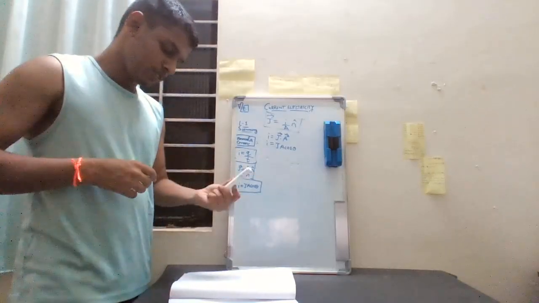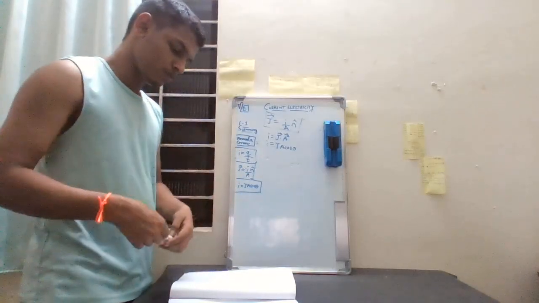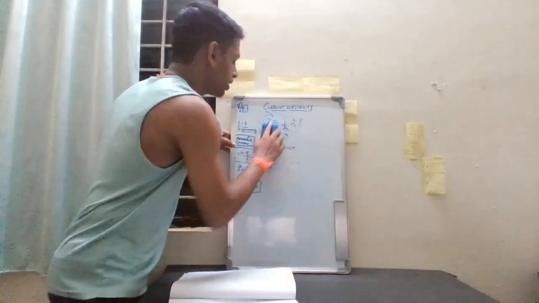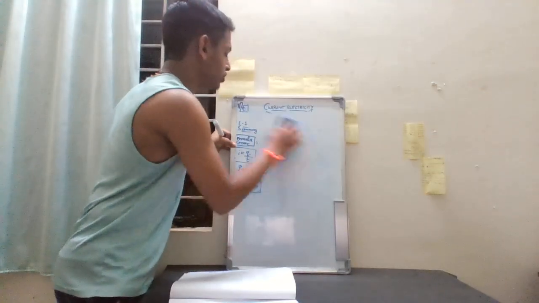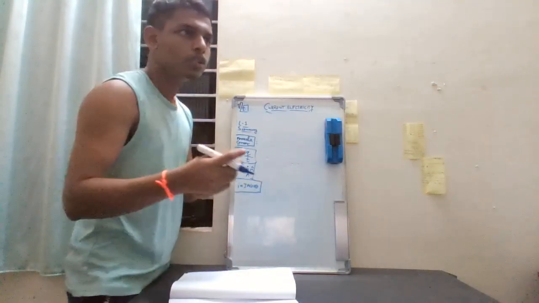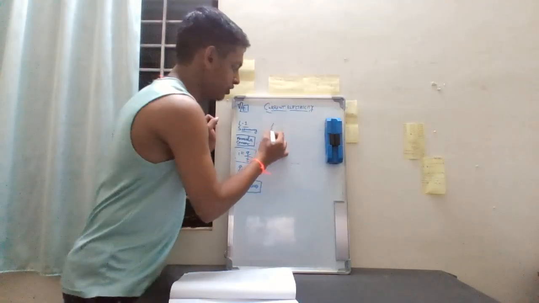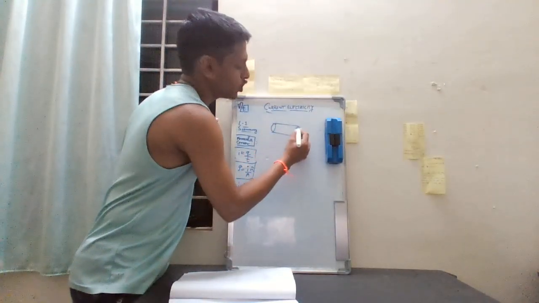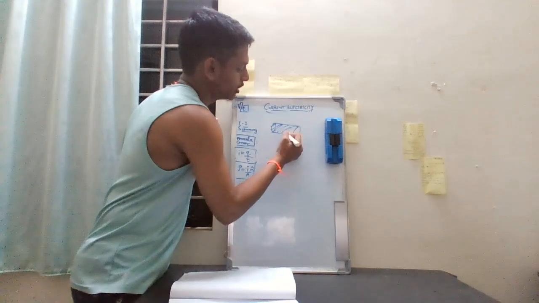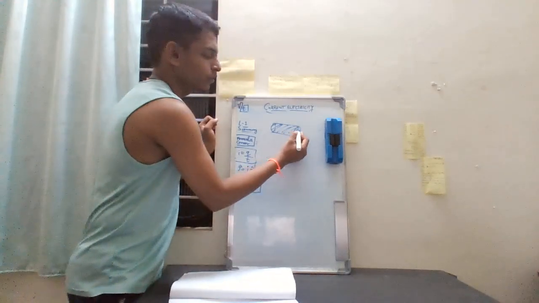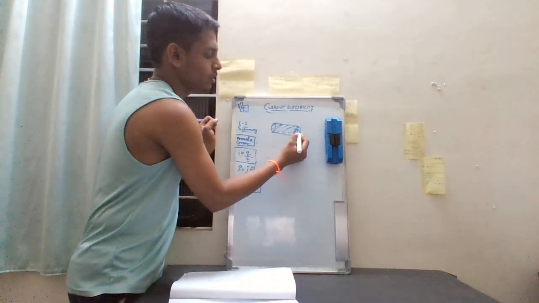Now we will take one example, which is about total charge flown through a cylindrical wire. It is not hollow, it is solid. In the solid one, we'll take a cross section.